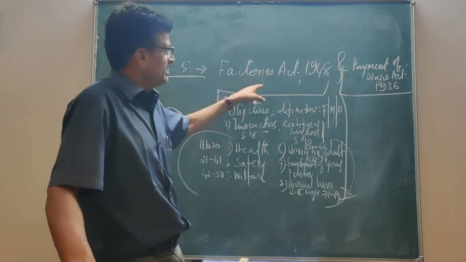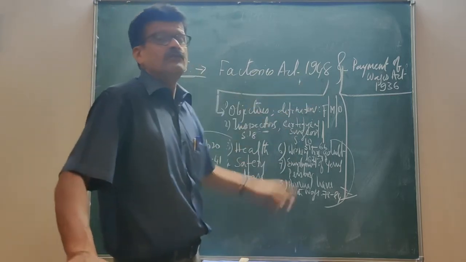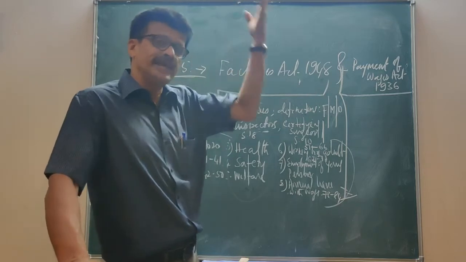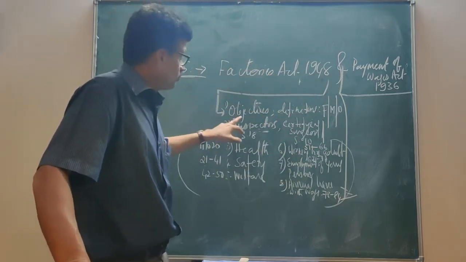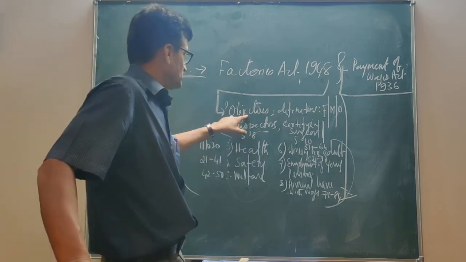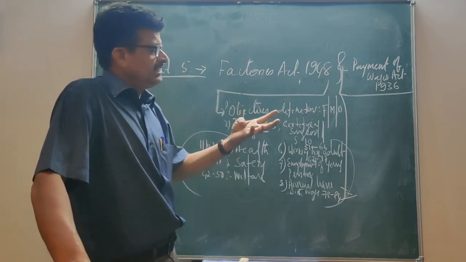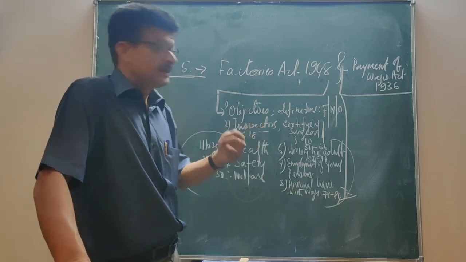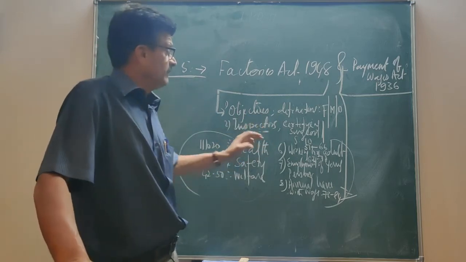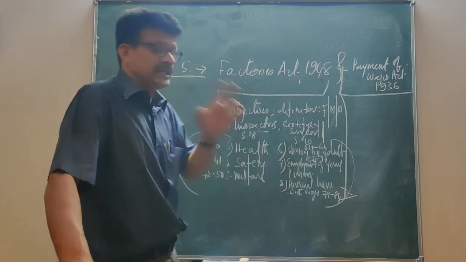And with the remedy that is provided, the Factories Act, we find that those problems are obviated, resolved by offering these remedies. Those remedies are nothing but objectives: to secure and promote the health, welfare and safety of the workmen, apart from guaranteeing the working hours.